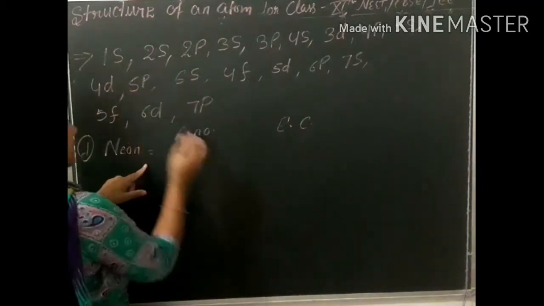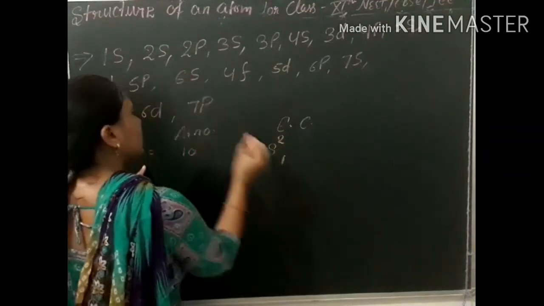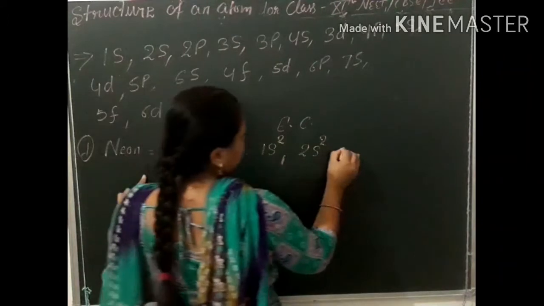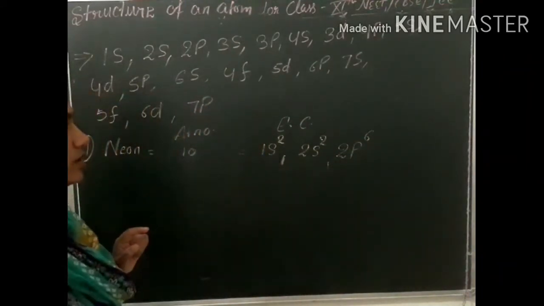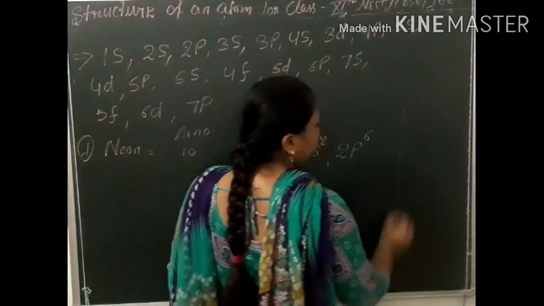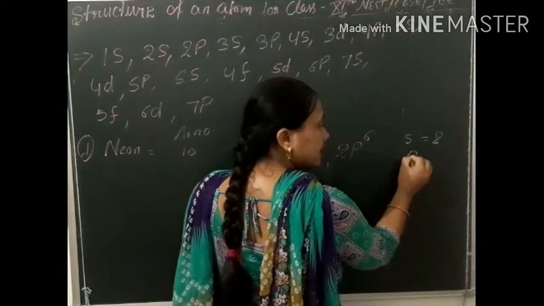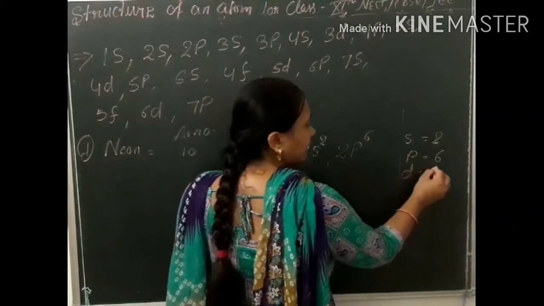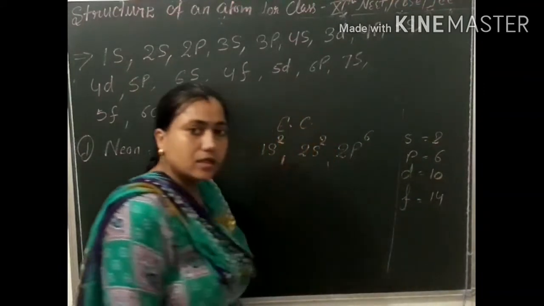Fill first 1s2, now 2s2 and 2p6. Now this is the electronic configuration. This is the rule that s subshell contains maximum 2 electrons, p subshell contains maximum 6 electrons, d subshell contains maximum 10 electrons, and f subshell contains maximum 14 electrons.